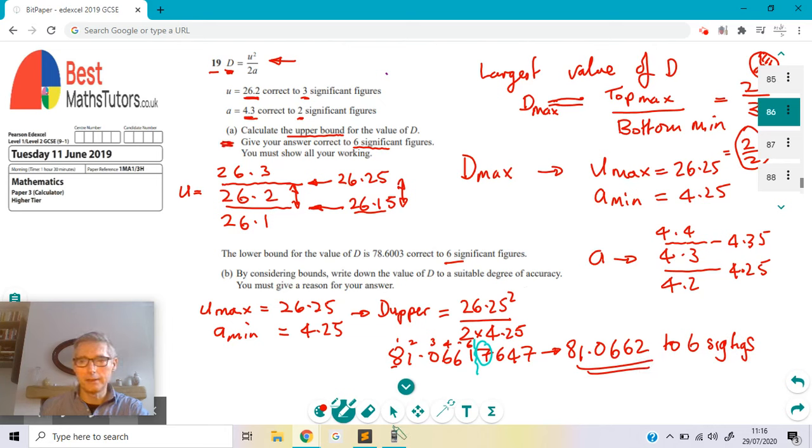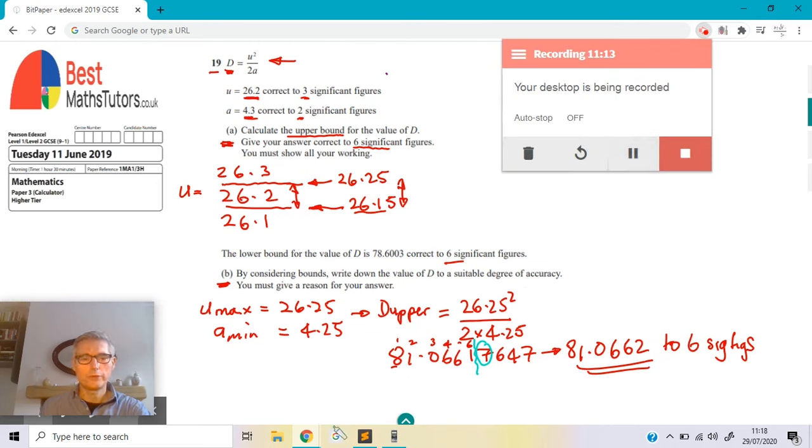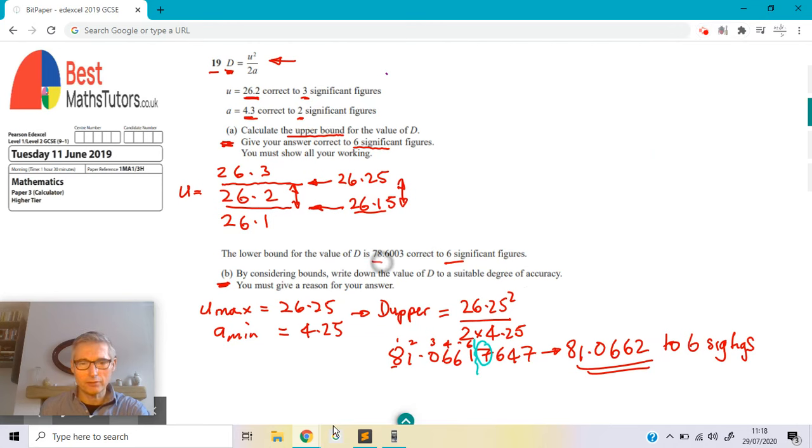So part B, I'm just going to make a bit of space now in the video, just so I can explain all this. So what we're told on this next part is that the lower bound for the value of D is given as 78.6003 to 6 significant figures.